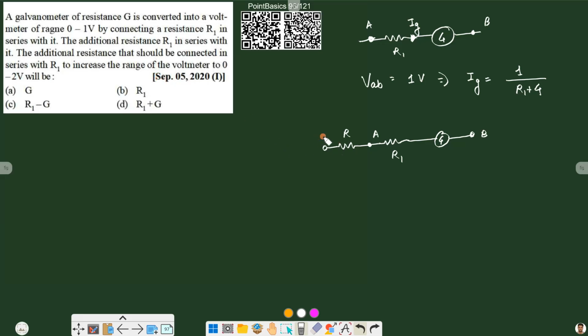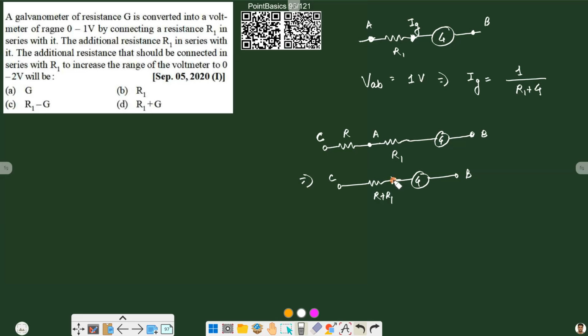If I add a point C here, and R is now part of the circuit, since R and R1 are in series, this will be R plus R1, then the galvanometer, and point P.